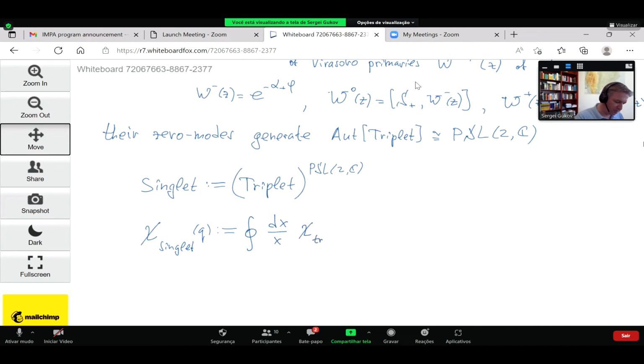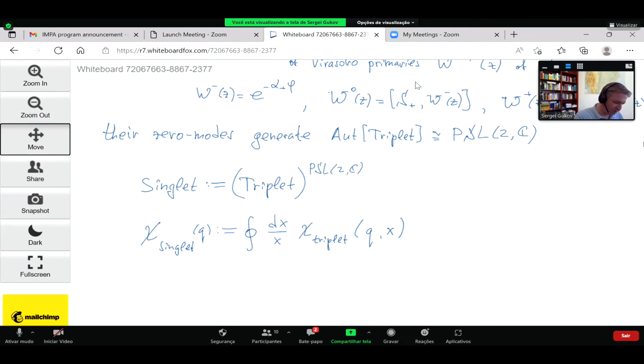And triplet characters are in general functions of Q, which is, maybe I'll write this in a second, and some variable x, which is associated with this PSL2C symmetry. So these are generalized, or sometimes called twisted or twining characters, where we also use the symmetry.